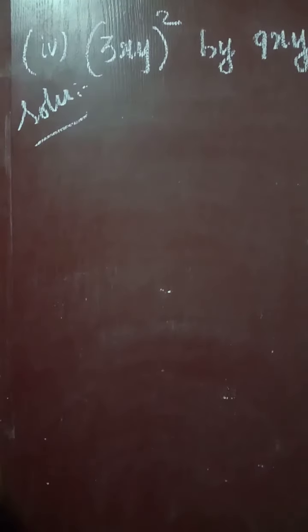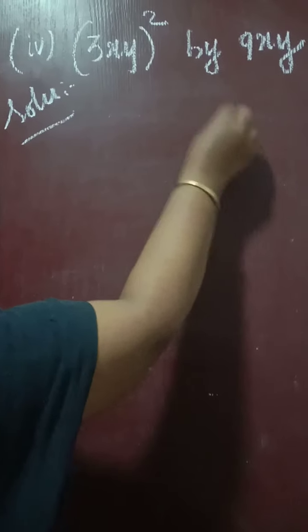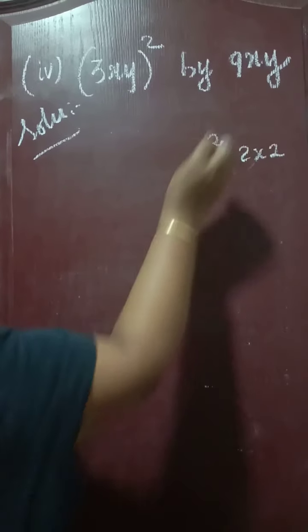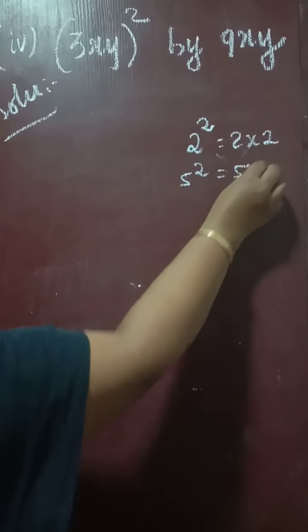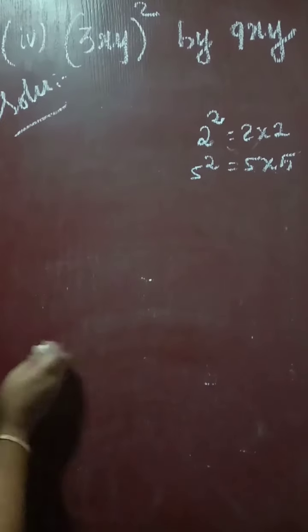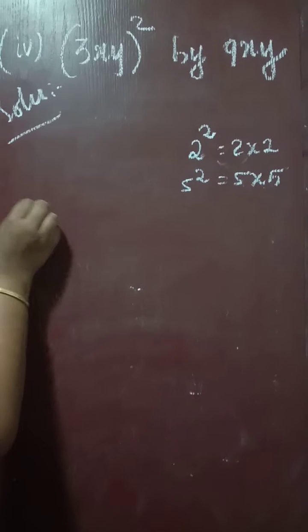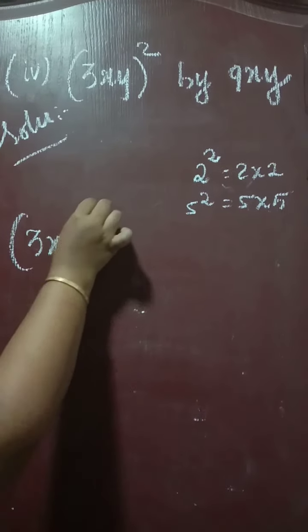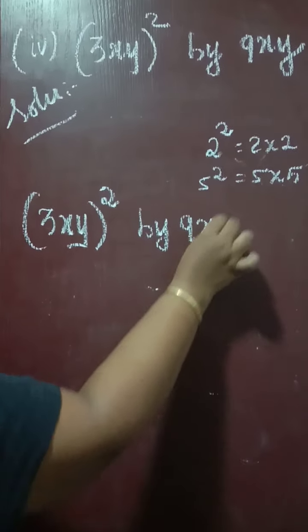3xy the whole square. Do you know how you write 2 square? So 2 square means 2 is multiplied 2 times. How you write 5 square? 5 is multiplied 2 times. So listen, 3xy the whole square divided by 9xy.